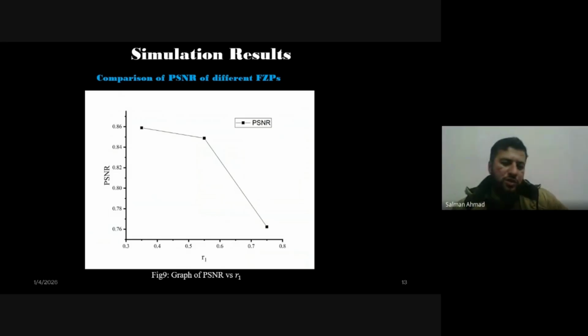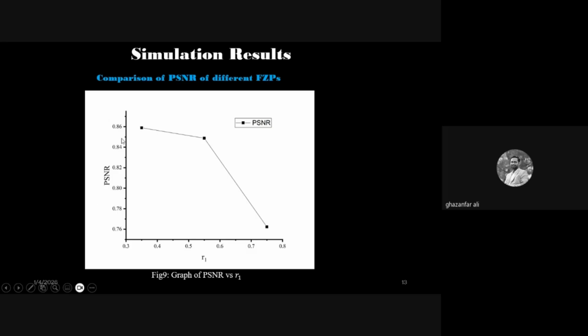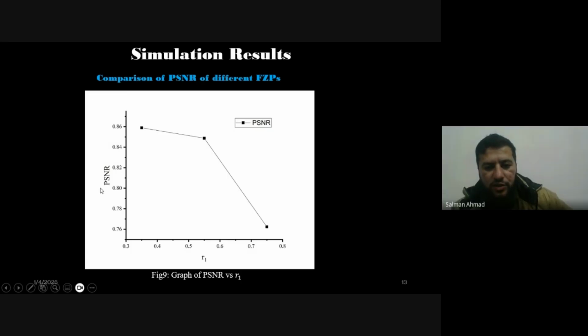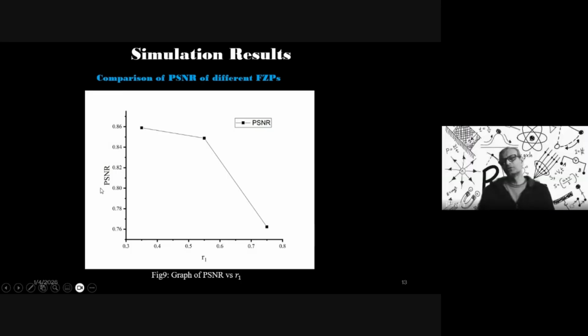This graph shows that as we increase the value of R1, the value of the signal to noise ratio decreases. Here the Y part is the signal to noise ratio.